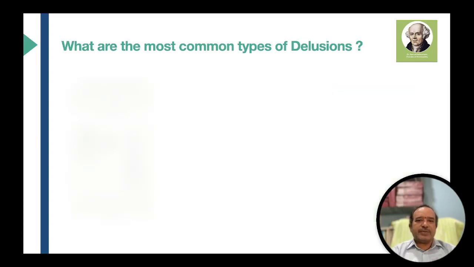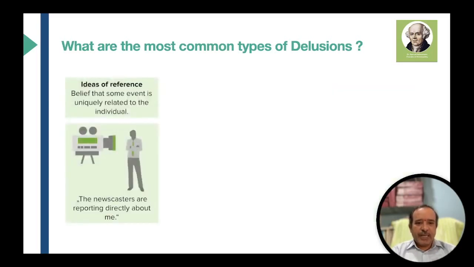Coming to the next type of delusion, ideas of reference. Okay, if anything happens, say you have gone to some place, they say that this event has been related to me only, I have seen this event earlier.